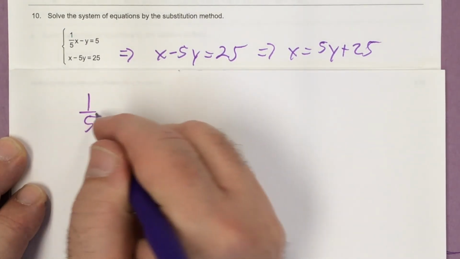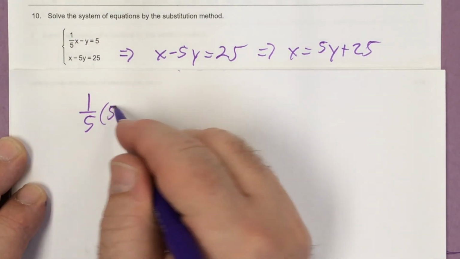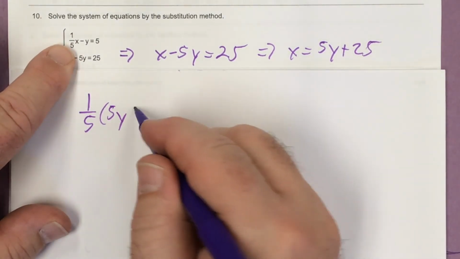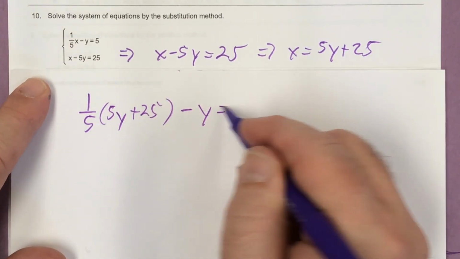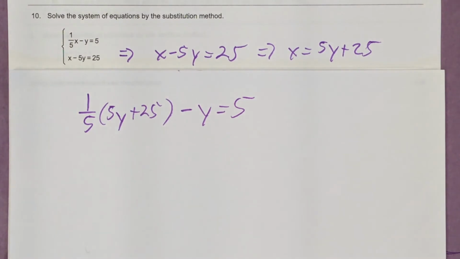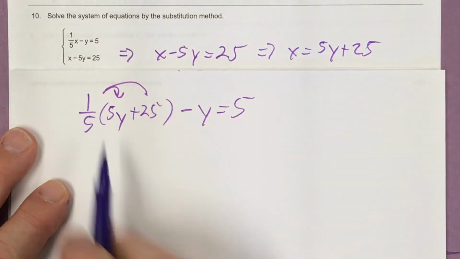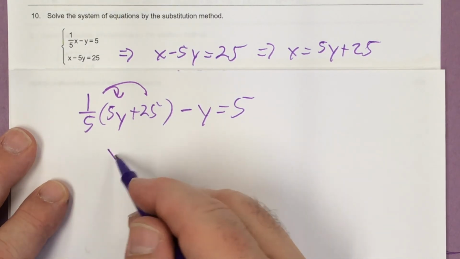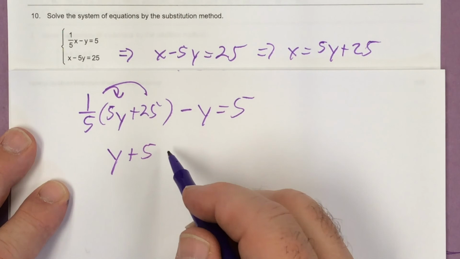So this is going to be 1/5 times, what's the value of x? 5y plus 25, and then minus y is equal to 5. Let's see how this works out here. So if I multiply 1/5 times 5, that'll give me just y. 1/5 times 25, that's going to be y plus 5.